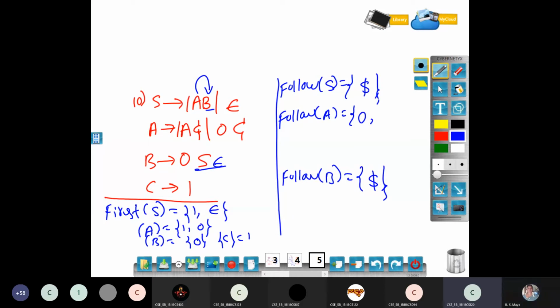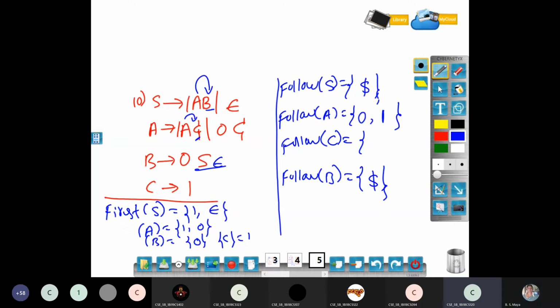Next, follow of C. Follow of C: first of C. Sorry, follow of A is first of C. If C is there, then you have to visit first of C. What is first of C? 1.